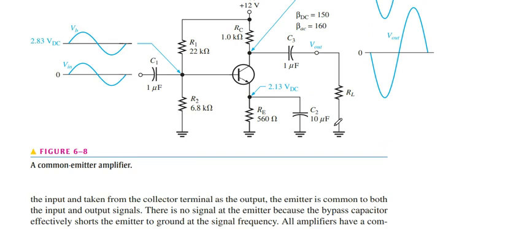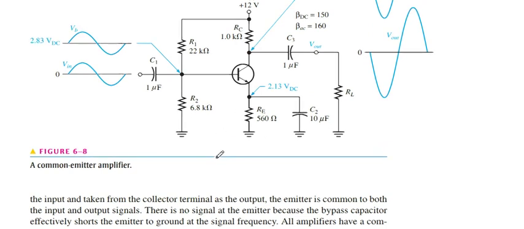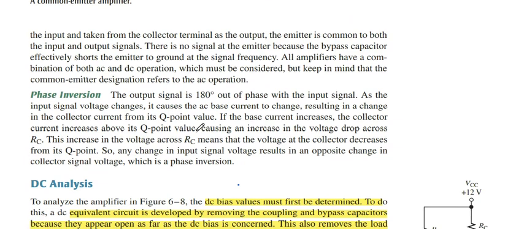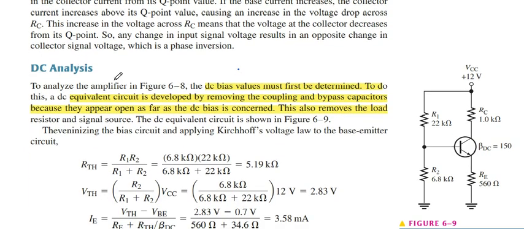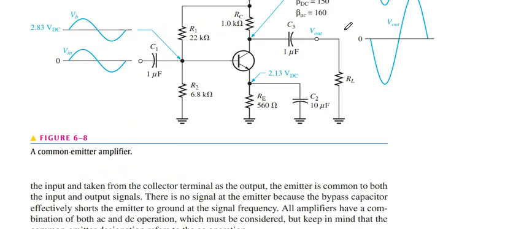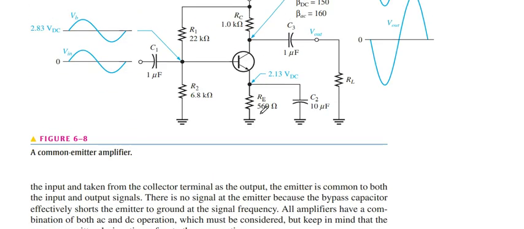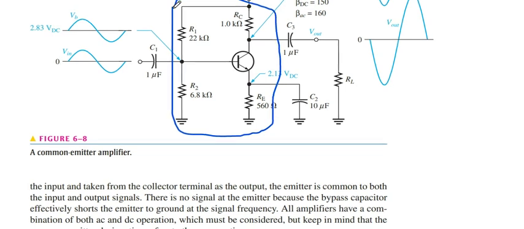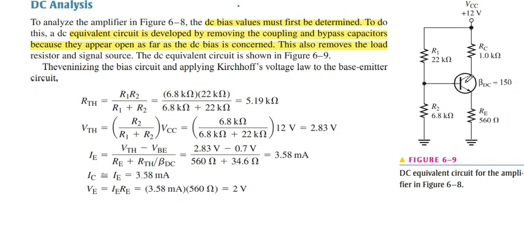Next is the phase inversion. I also mentioned the DC analysis. We cut off all these AC connections and only use the voltage divider, like this circuit, and calculate the values.